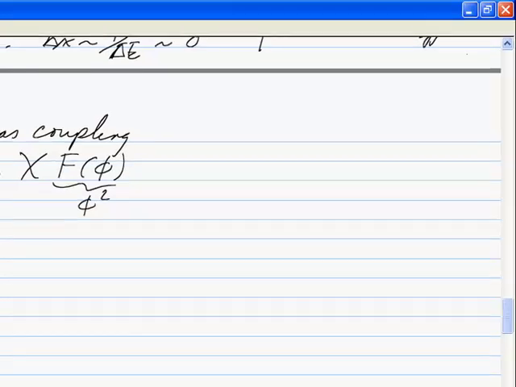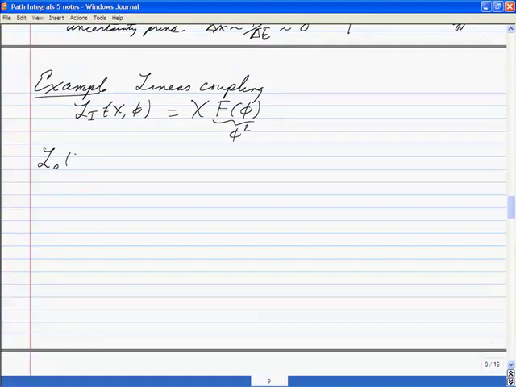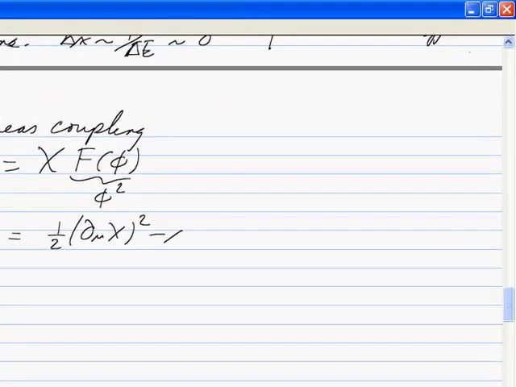So then L0 of chi plus L interaction of chi and phi is 1/2 d mu chi squared minus m squared chi squared plus chi f of phi. So that's the piece that I'll do. That's the easy one to do.